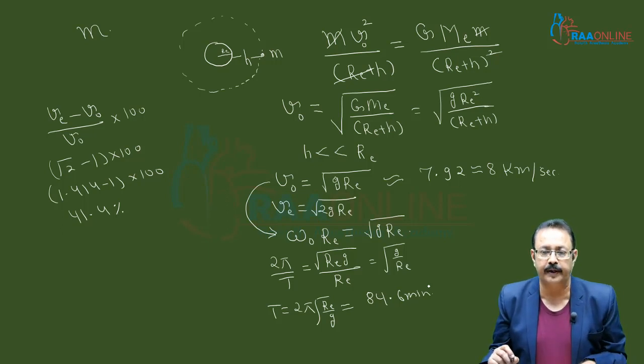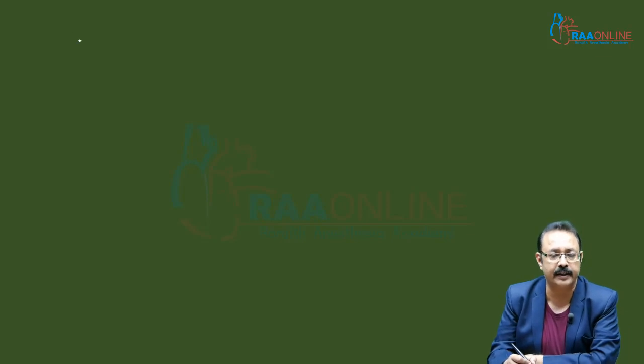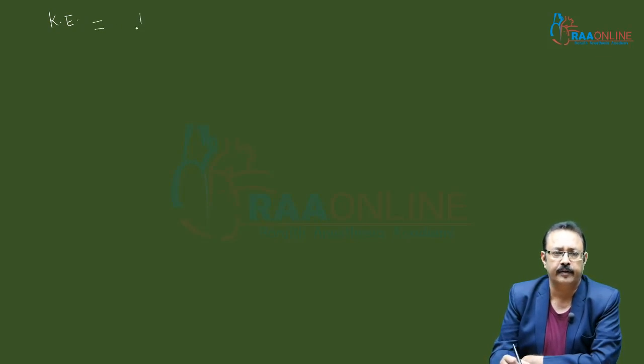If it is orbiting near the Earth's surface, what is its kinetic energy? Or in general, we will calculate, if it is orbiting in its orbit, what should be its kinetic energy? We know the formula, kinetic energy is half mv square.